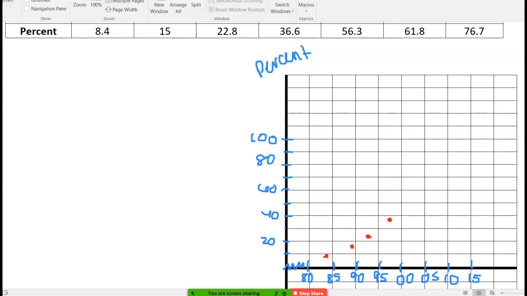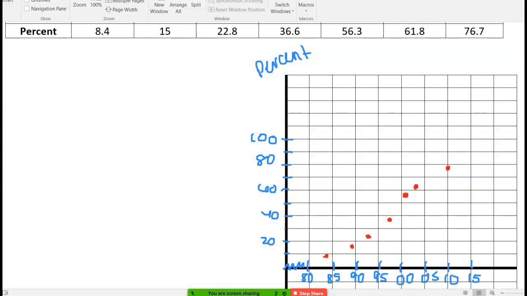01 is at 56.3. 03 is at 61.8. So those two are kind of close together. They're both between the 00 and the 05. Then we jump all the way to 2010, which is near 77, which is going to be near 80 and on our line.